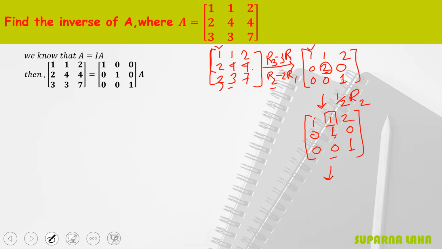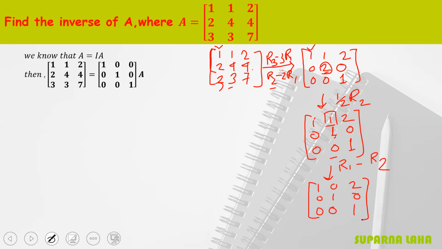If we apply this R1 minus R2, this will be 1, 0, 2 minus 0, 2, then 0, 1, 0, 0, 0, 1.